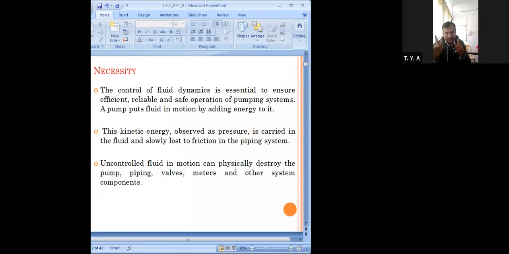The device which is used to control flow direction, pressure, and flow rate in the hydraulic circuit is called the hydraulic valve.